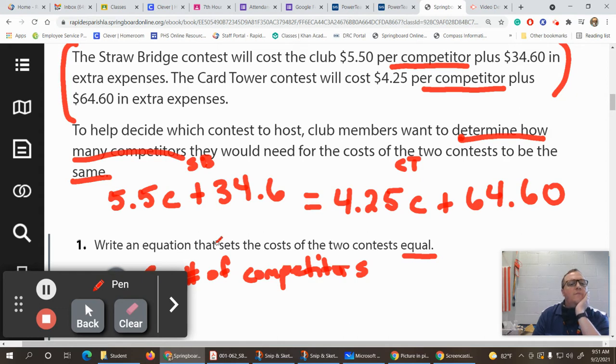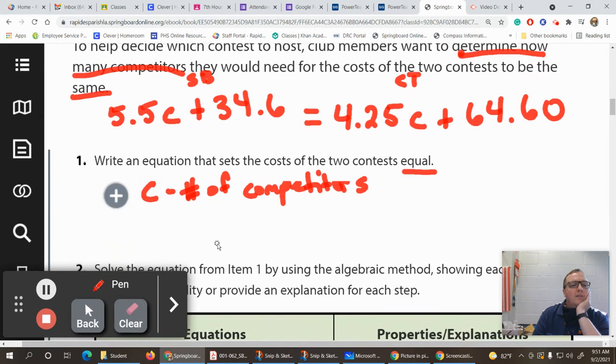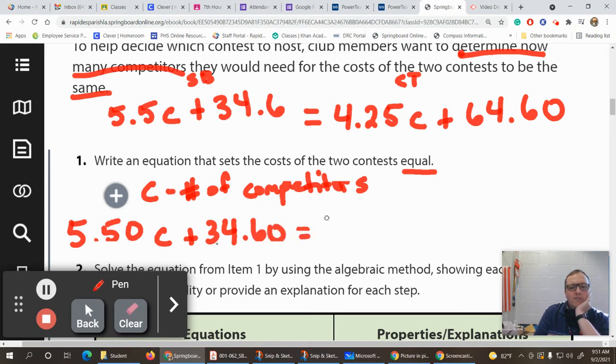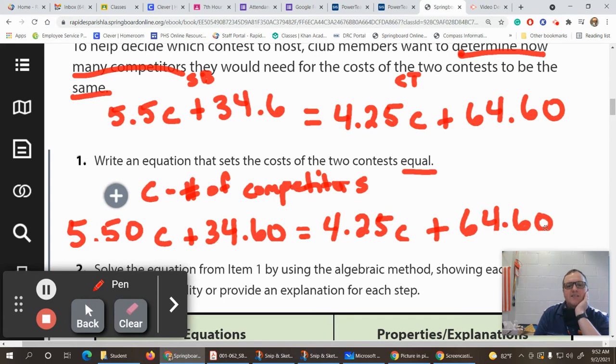Okay, so that is our equation. Our equation is 5.50C plus 34.60 equals 4.25C plus 64.60.